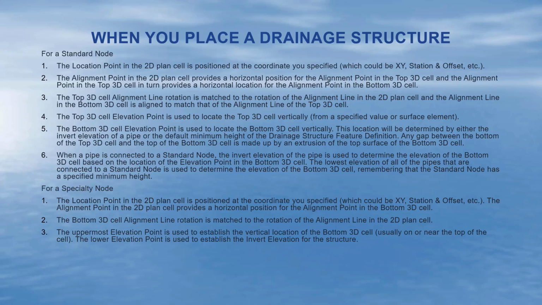This has to do with a question I get quite often. For whatever reason, someone tries to place a pipe that is shallower than the minimum depth of the structure, and they cannot get the structure to change the invert elevation of the structure to match the pipe.